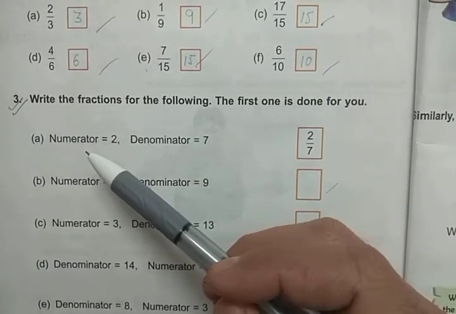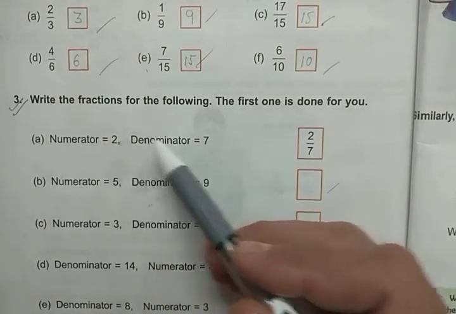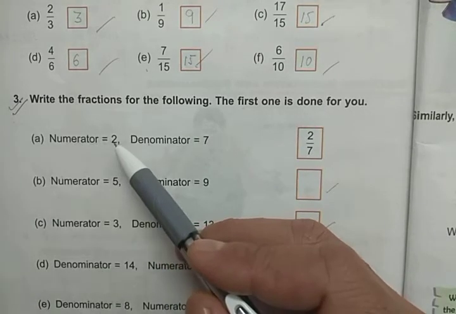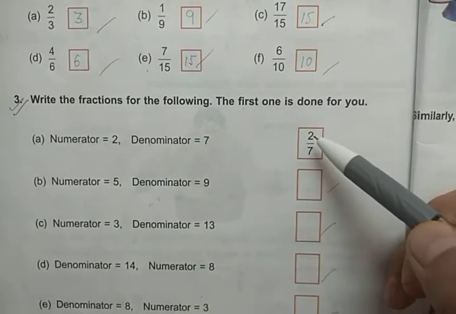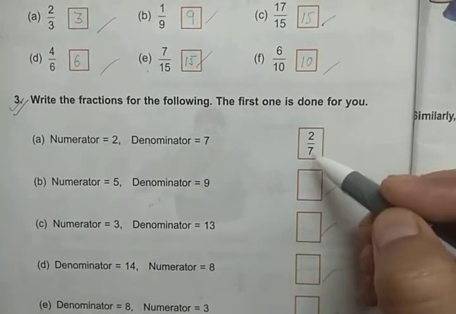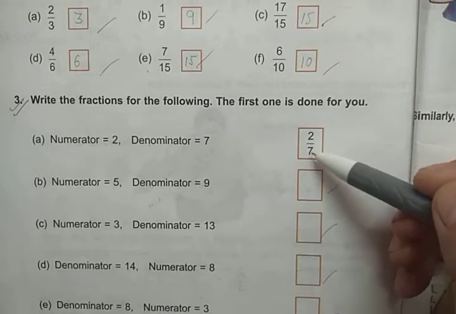But in this question, numerator and denominator are given. So here numerator is 2 and denominator is 7. So you know that numerator is the upper number, so we have to write it on the top, and denominator is the lower number, so we have to write it at the bottom. So 2 upon 7.